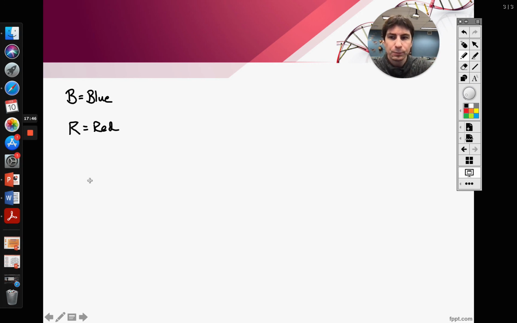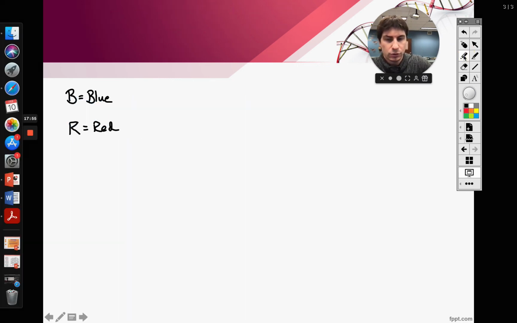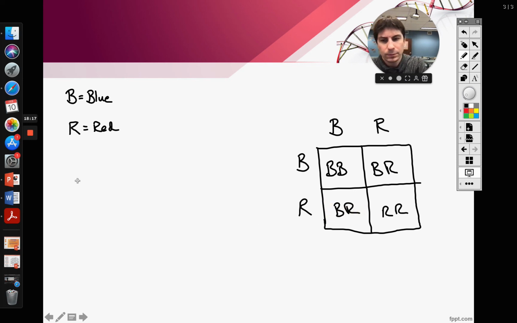We don't want that. So we are going to cross, let me just make sure I got it right, 2 heterozygous flowers. So we're going to cross big B with an R and a big B with an R. All right, so we've got big B, big B, big BR, big BR, and RR.